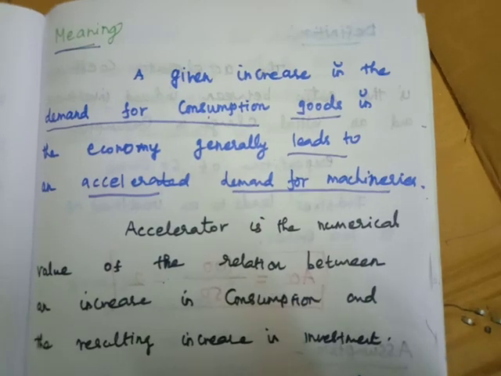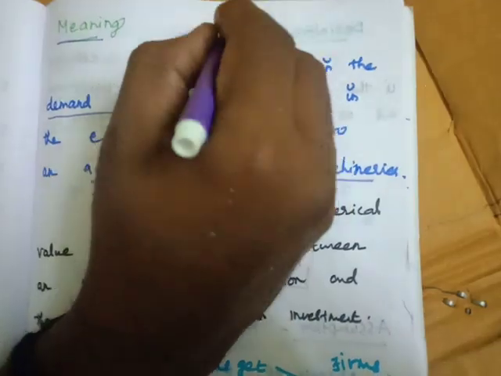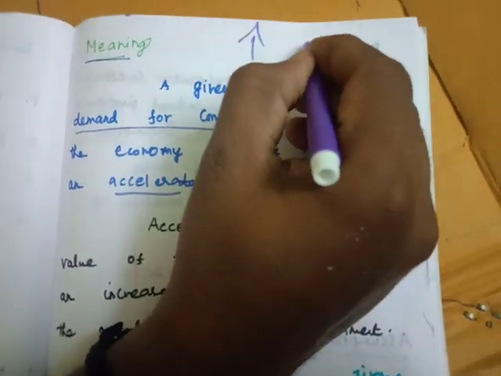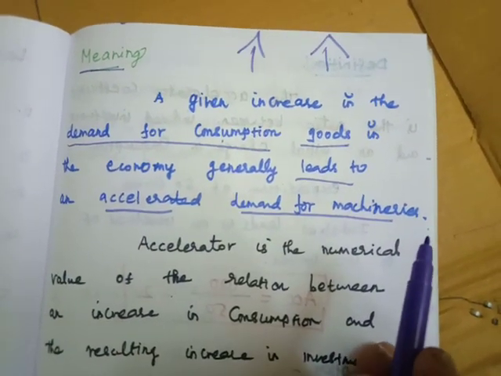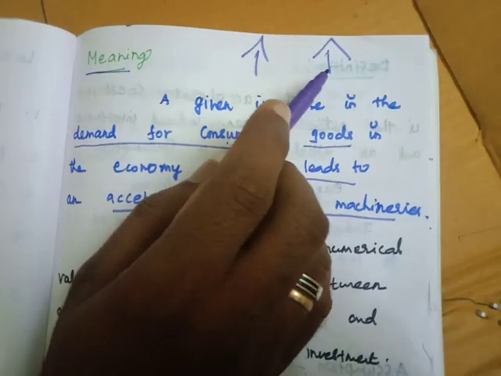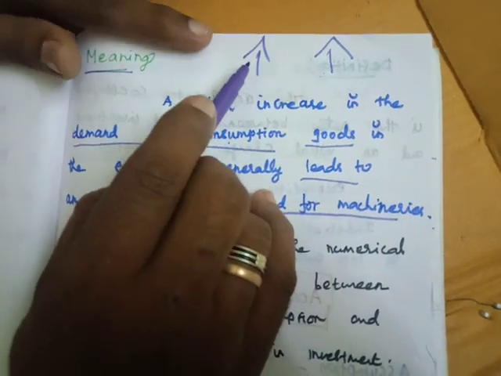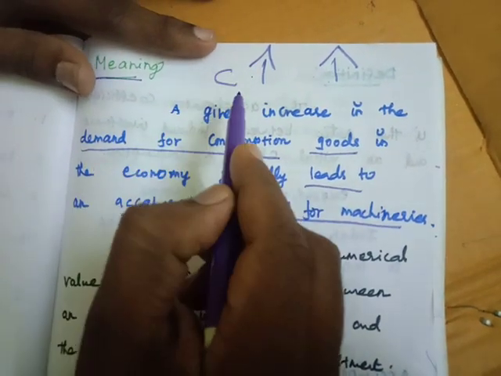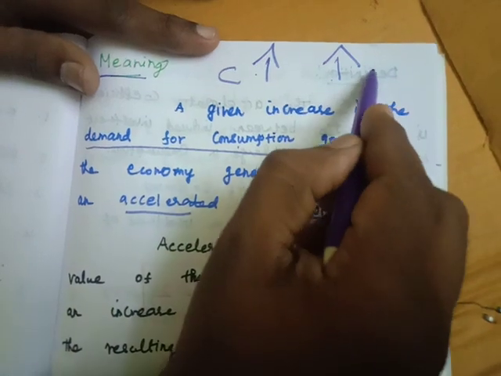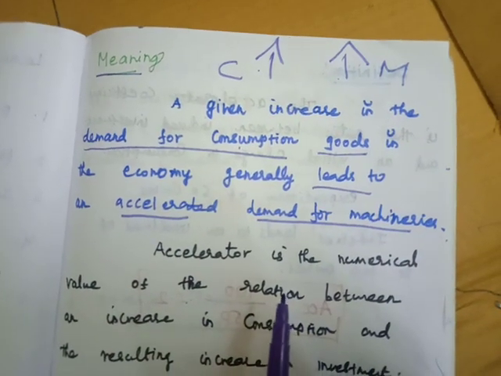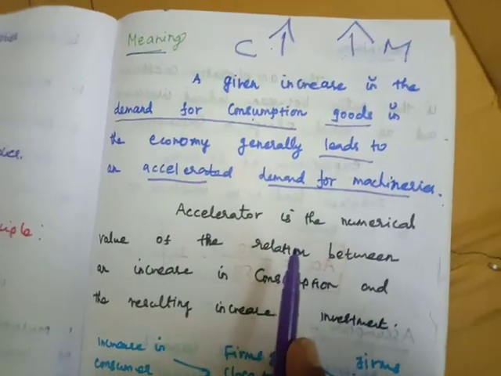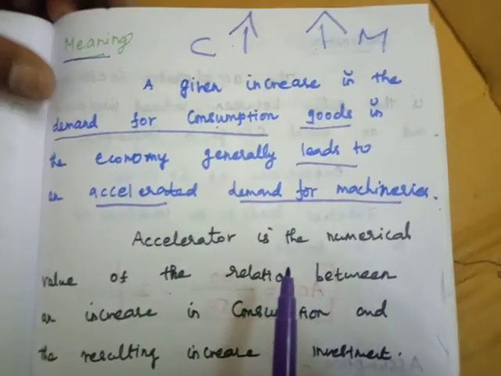That is the accelerator principle. Consumption is increasing, the usage of machinery is increasing, because now most industries are producing goods and services with the help of machinery. When the consumption is increasing in a particular industry, particular country, the usage of machinery is also increasing. We need more machinery to fulfill their demand in the particular country.